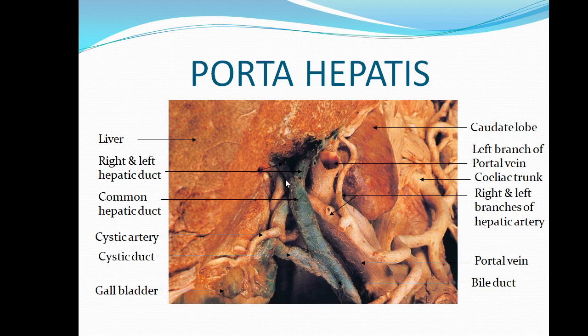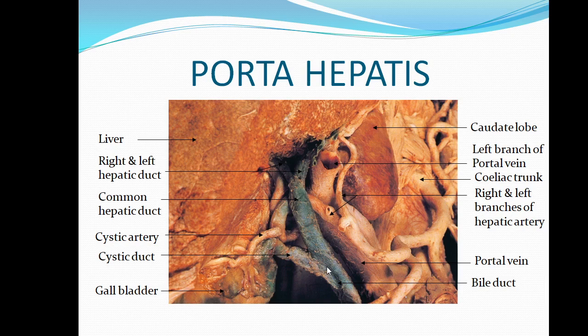There are two hepatic ducts, the right and the left, coming from the right and left lobes of the liver. The two ducts join to form the common hepatic duct.